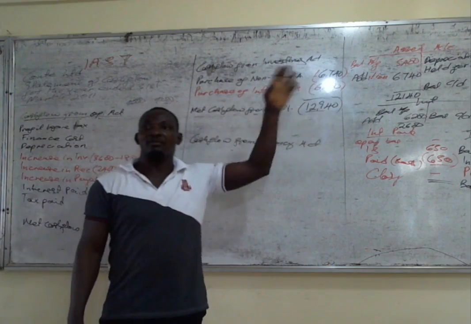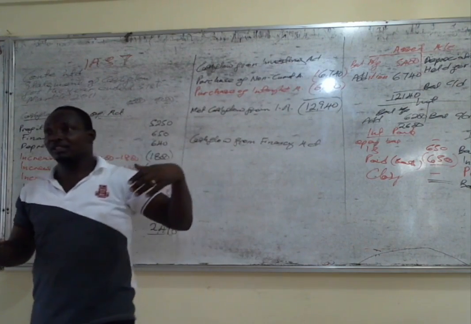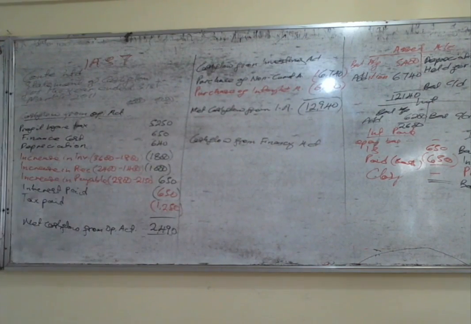That one is positive, we are receiving it. So there are no proceeds here. All of these are purchases of an asset. But if you dispose, then the proceeds that you receive will also be there.